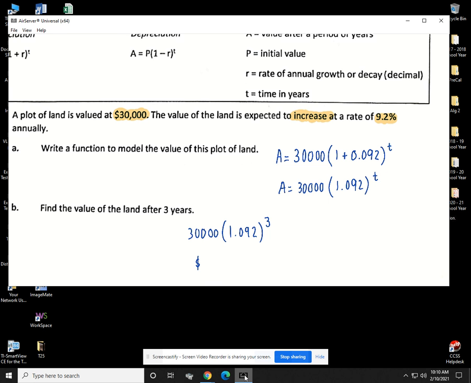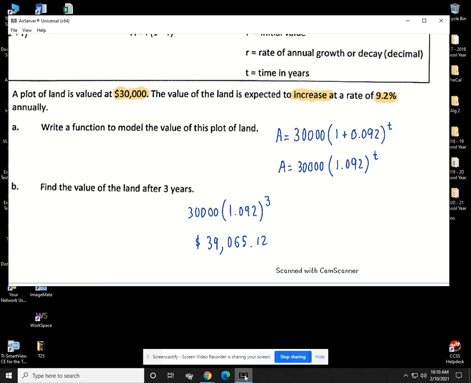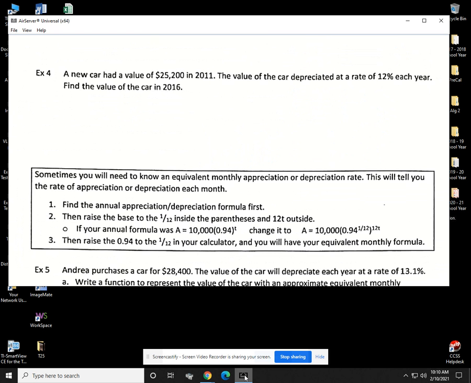What do you get? 39,065, and since this is money, we should round to cents. So $39,065.12. If you don't put the money sign, is it wrong? No, not really, but since I'm dealing with money, I usually try to put it, that way I know what I'm talking about. All right, so how hard is that? It's easy, right?